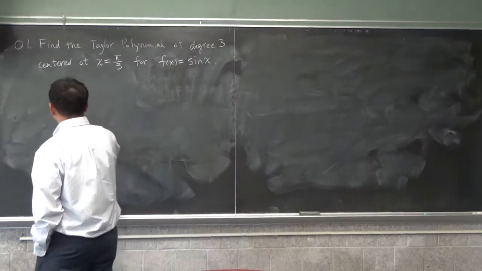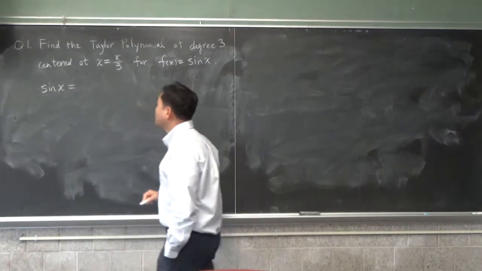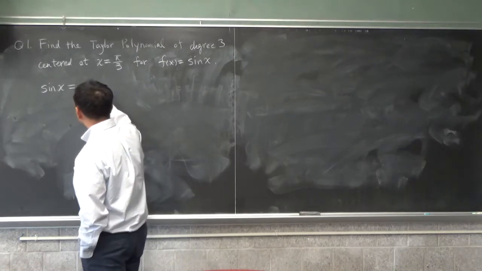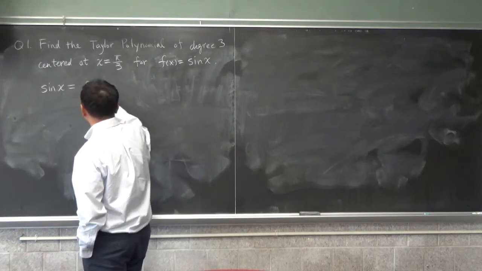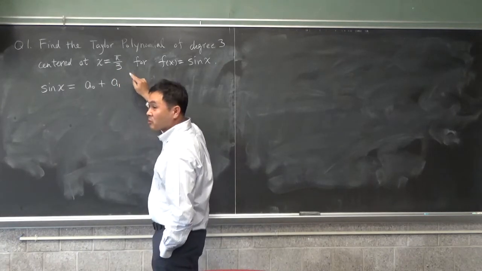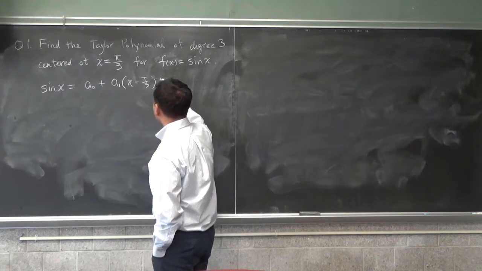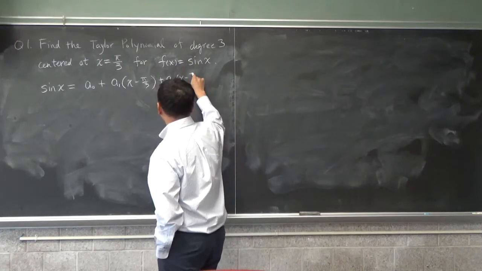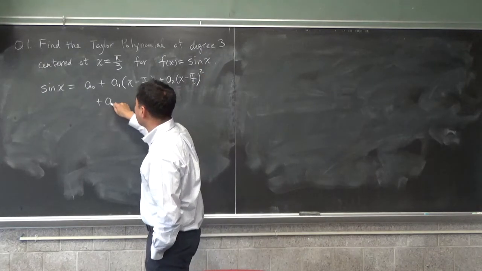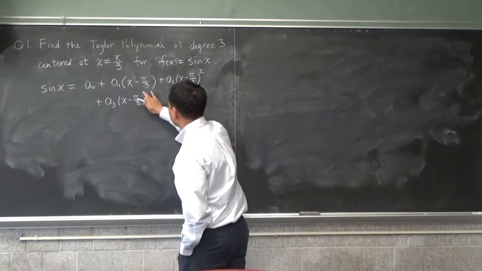You just set sine of x equal to a0 plus a1 times (x minus pi over 3), if it's centered at x equals pi over 3, plus a2 (x minus pi over 3) squared, plus a3 (x minus pi over 3) cubed.